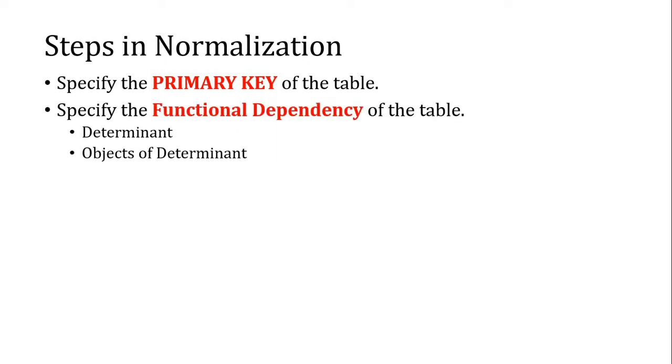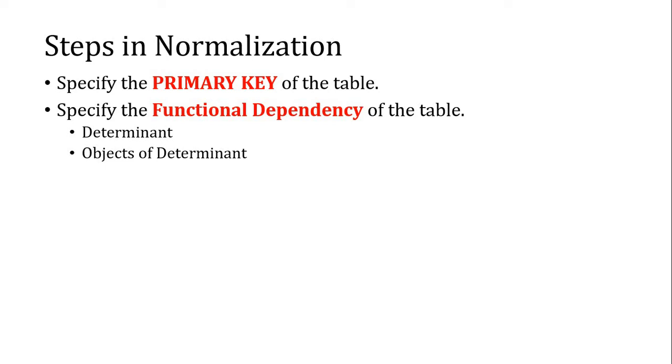So if you want to normalize your database, what are the steps? Firstly, you have to specify the primary key. If you forgot to mention the primary key in your table, you have to mention it. If you have more than one key attribute, you have to make a composite primary key for your table. So you need to declare the primary key very specifically. The second thing is to specify the functional dependencies of the table.